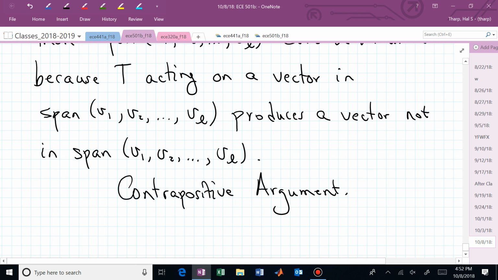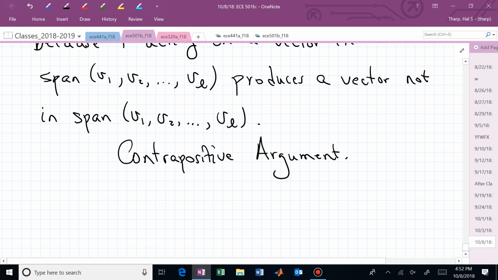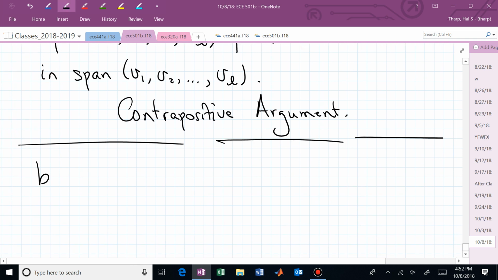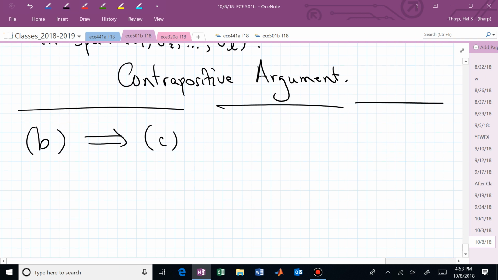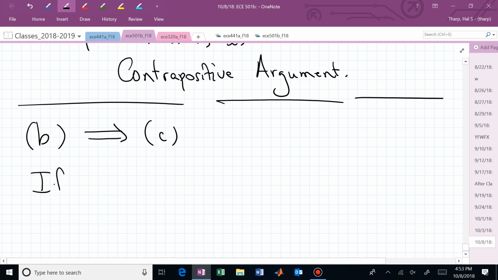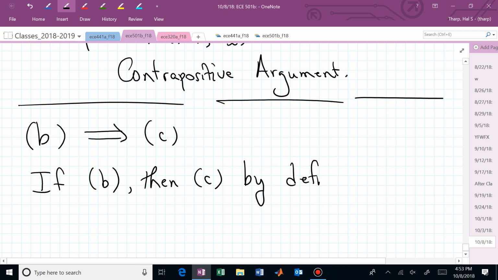Very simple to show C implies B, right? All right, so now we need to show just the opposite direction, which is to show that statement B implies statement C. Now we are assuming statement B. If B, then C is true by the definition of invariance.